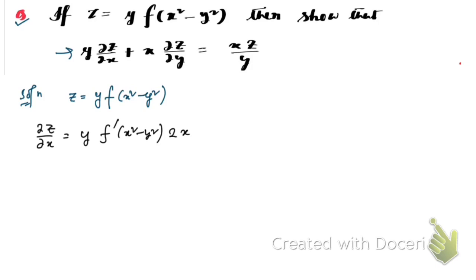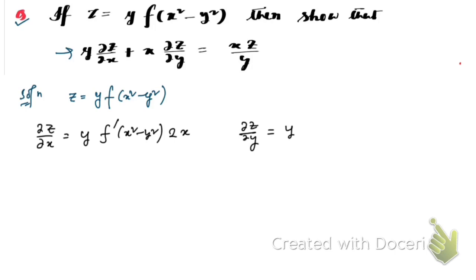Now if you differentiate it with respect to y, then you see, this is y and this is a function of both x and y, so here we're going to use the product rule.